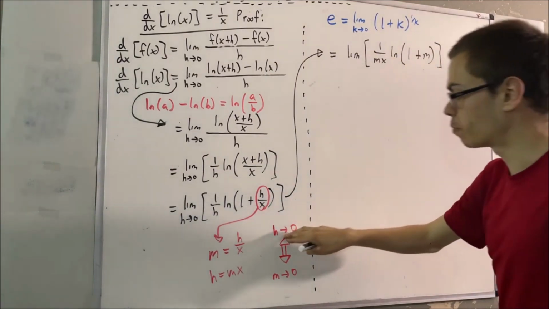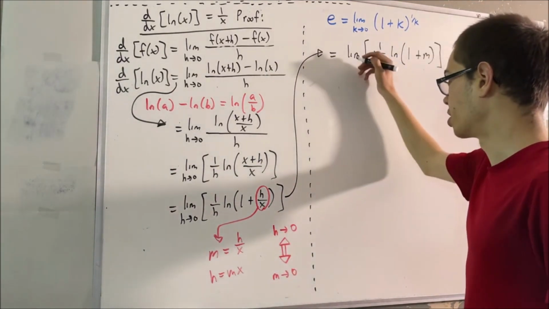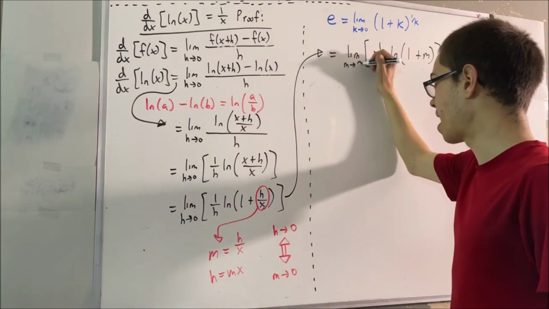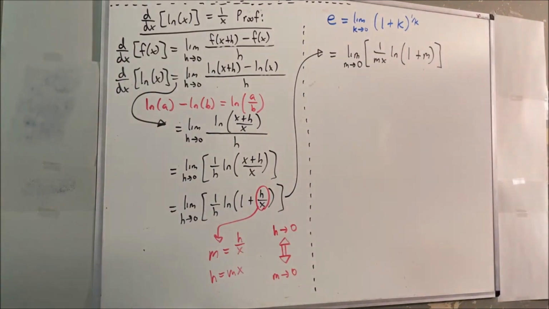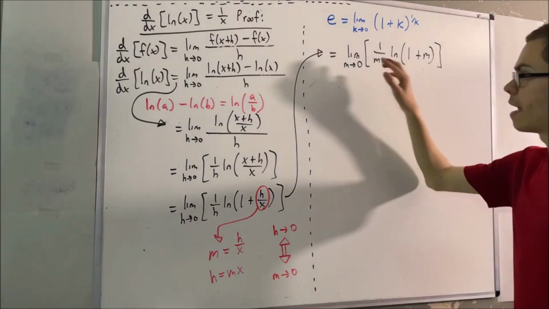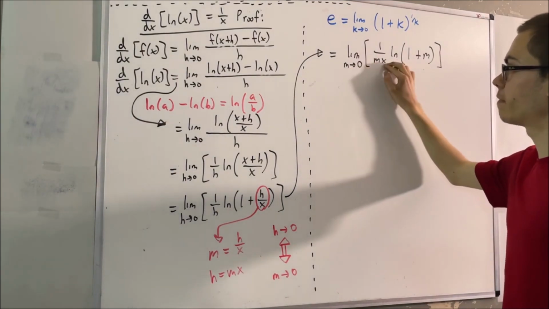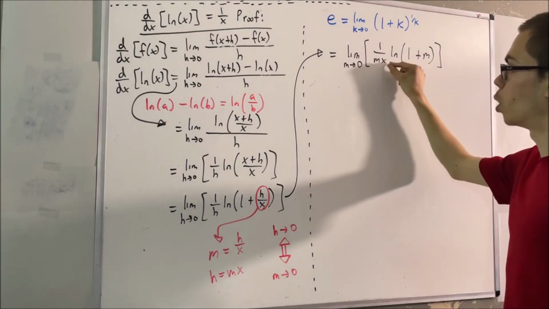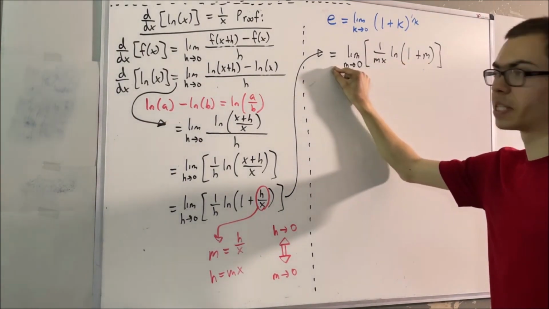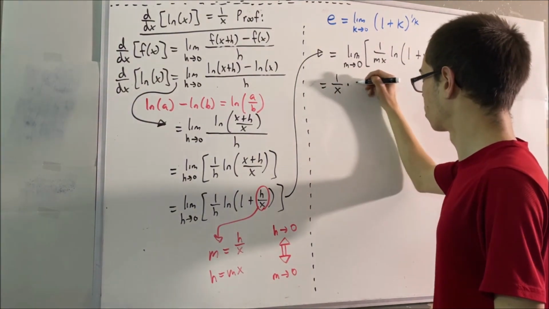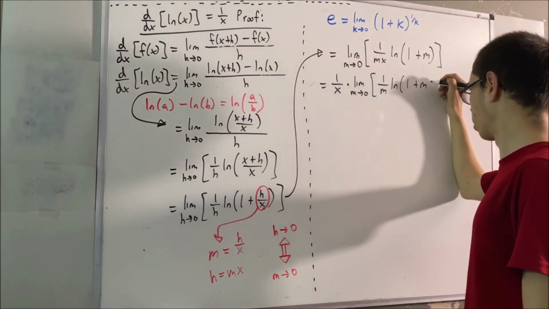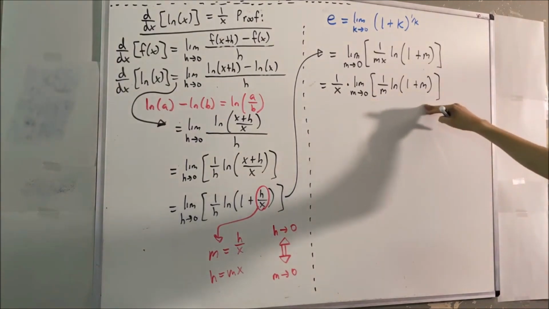And we know as h approaches 0, m approaches 0, so we're going to write this now as m approaches 0. But since m is independent of x, that means we're allowed to pull the x outside of the limit. So this is the limit that we have to evaluate now.